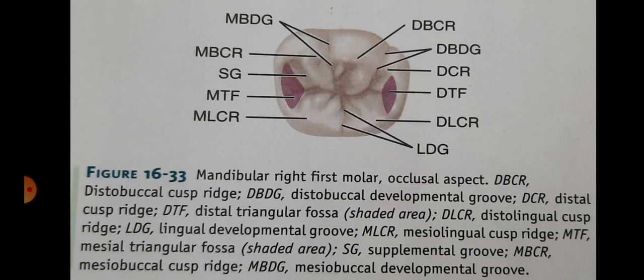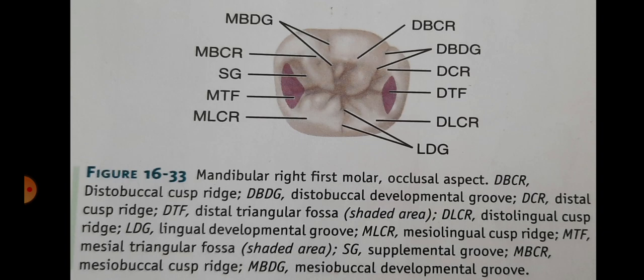DCR is distal cusp ridge, and DTF is the distal triangular fossa, the shaded area.